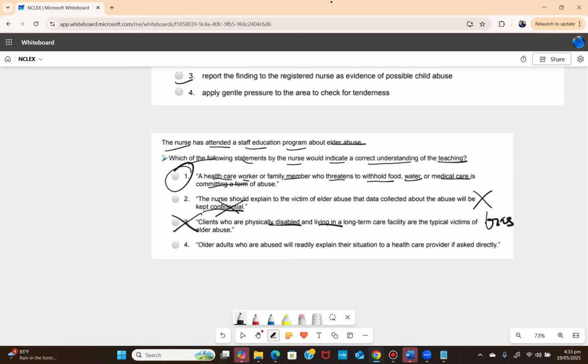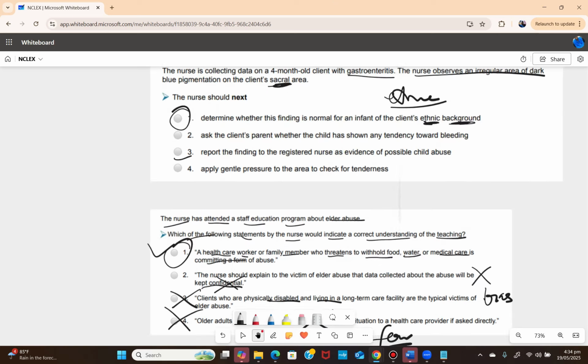Now older adults who are abused will readily explain their situation to a health care provider if asked directly. Definitely they will not readily explain because of what? Fear of the abuser. So they are not definitely going to be able to explain. So your answer is what? One.